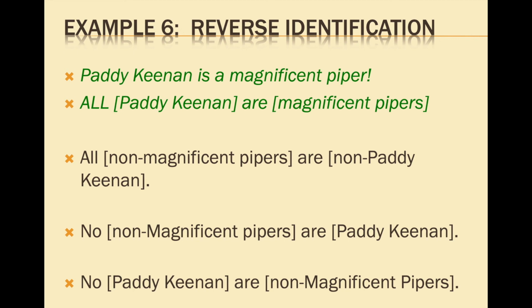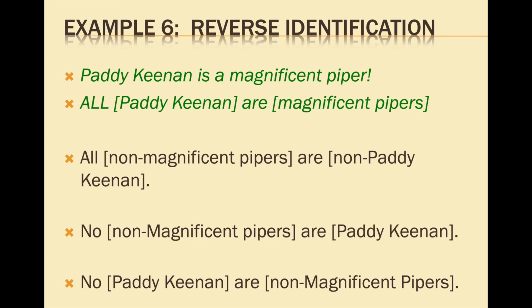So we take that second logically equivalent statement, no non-magnificent pipers are Paddy Keenan, which is a universal negative, and we know we can convert universal negatives, and that gives us the third logically equivalent statement, no Paddy Keenan are non-magnificent pipers. And indeed, if you look at that statement, it's not only the conversion of the obverted contraposition, but you can go back to the original and it is the obversion of the original.